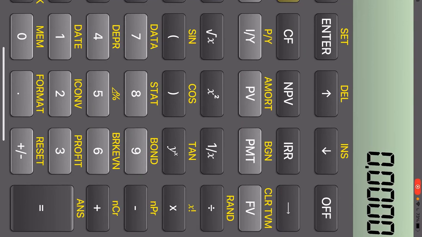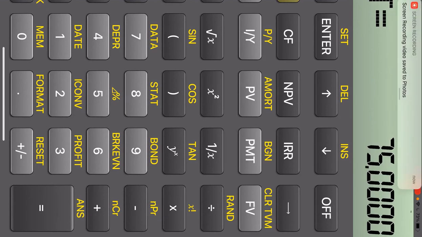Okay, let's find out the first value, that is this 966.45. We have 1,000 future value, and we have annual coupon payment of $75, and we have a yield of 8%, right?